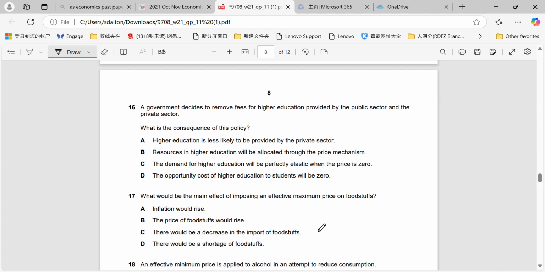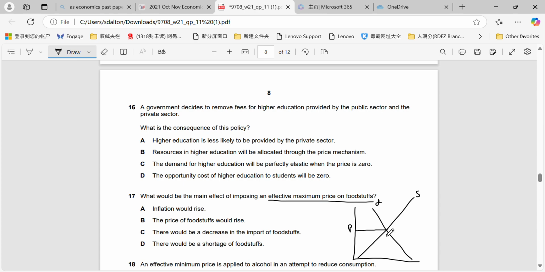Question 17. What would be the main effect of imposing an effective maximum price on foodstuffs? So remember, it's kind of like the opposite of what we had in the previous question, 18. For it to be an effective maximum price, it would have to be imposed below the equilibrium price.